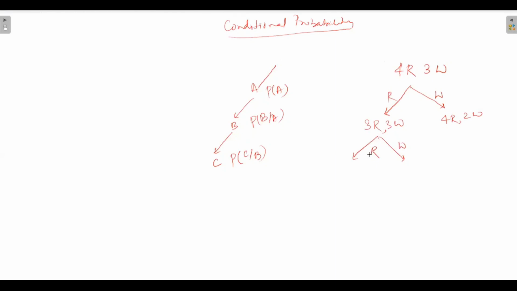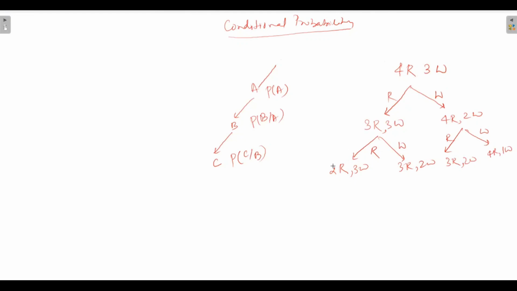If I'm taking the red ball out, then two red and three white would be remaining here, and here three red and two white would be remaining. Here too the step would be R and W. So there will be three red remaining here and two white, and there will be four red and one white. Okay. Now what's happening here?